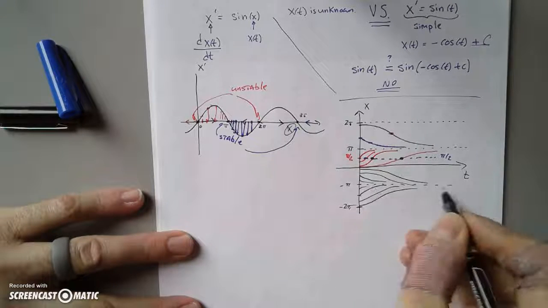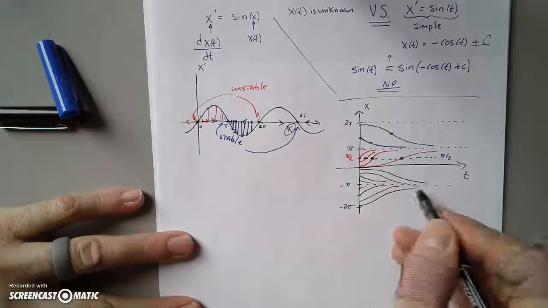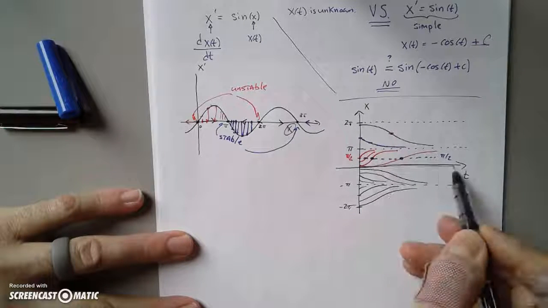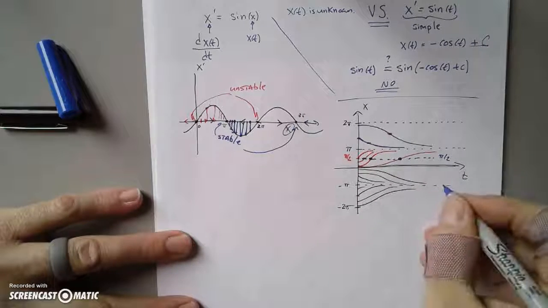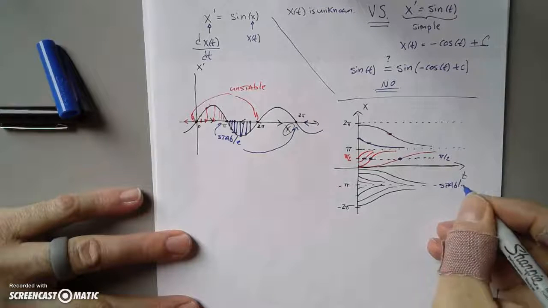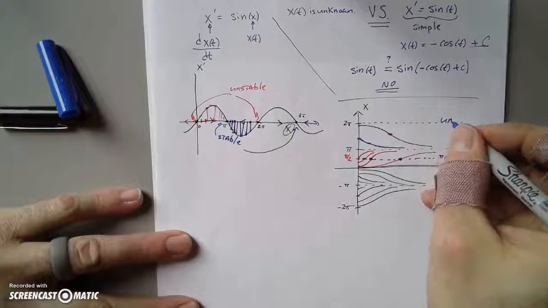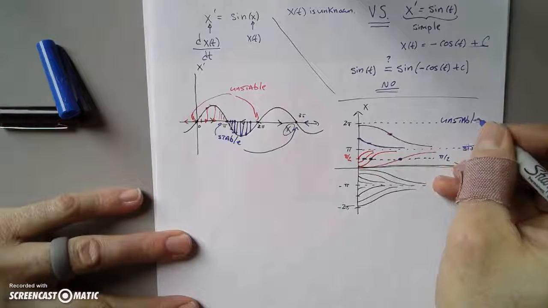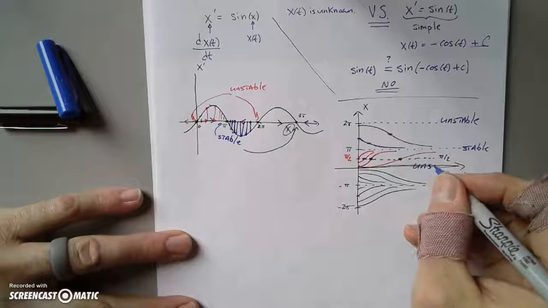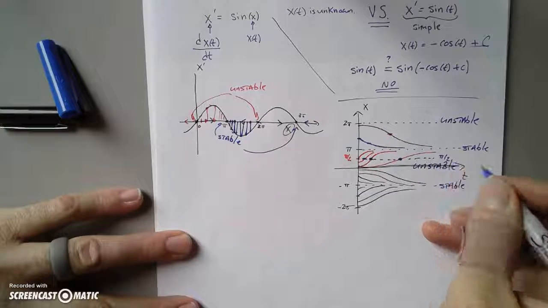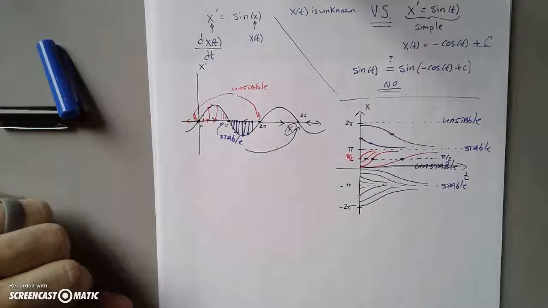So notice that these stable equilibria are attracting solutions. The unstable equilibria are repelling them. So this is stable, this is stable, this is unstable, this is unstable.